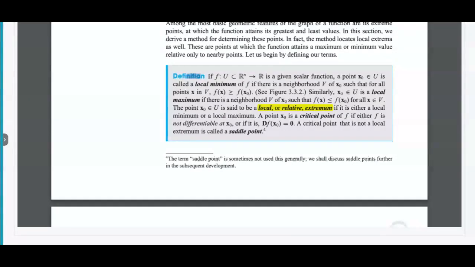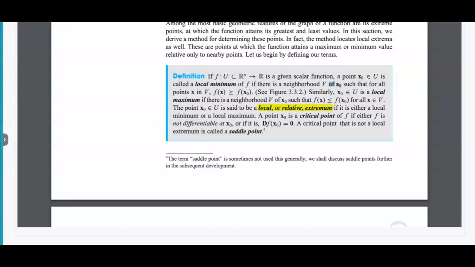Okay, f goes from n space to 1 space. It's called having a local minimum if there is a neighborhood V. Remember talking about the open sets, neighborhood V of x naught. V means a set of points.